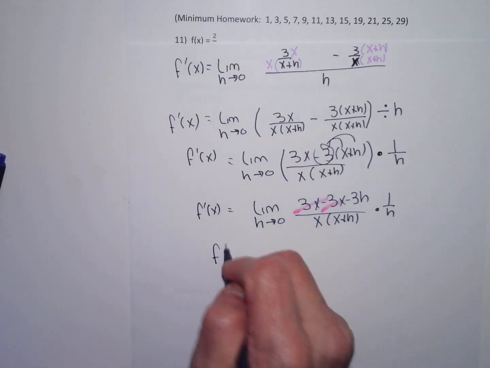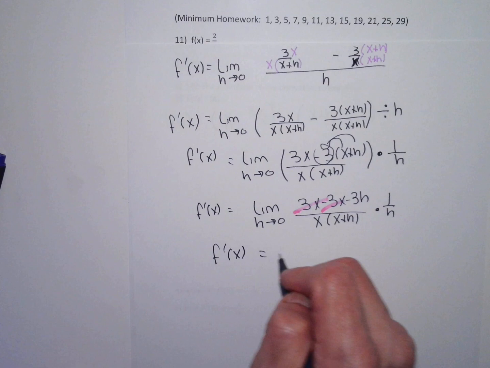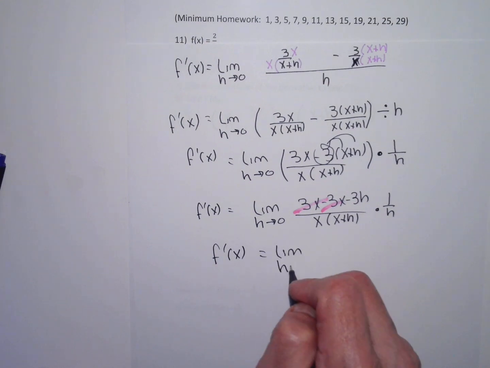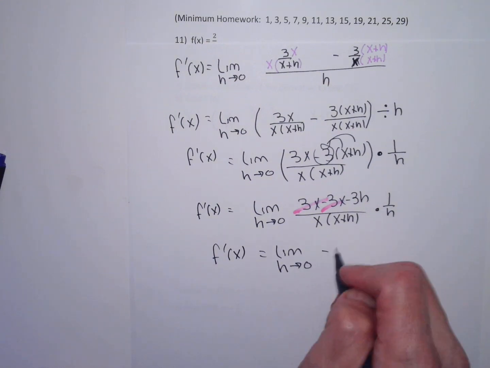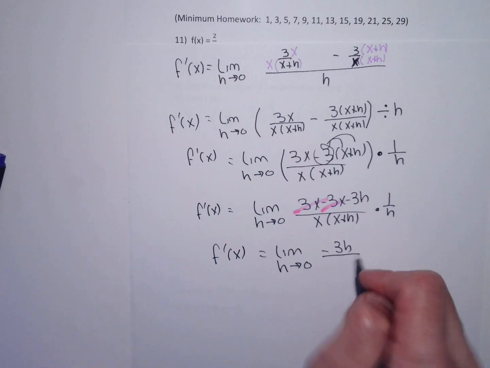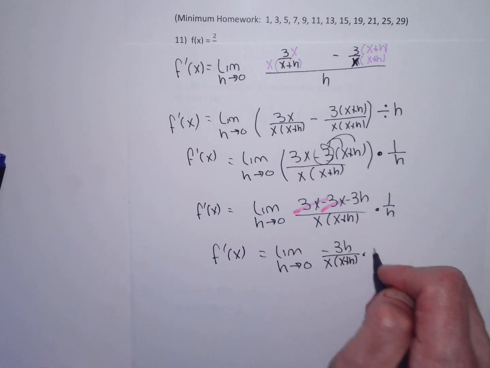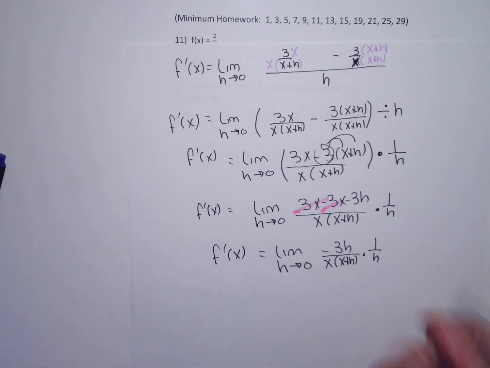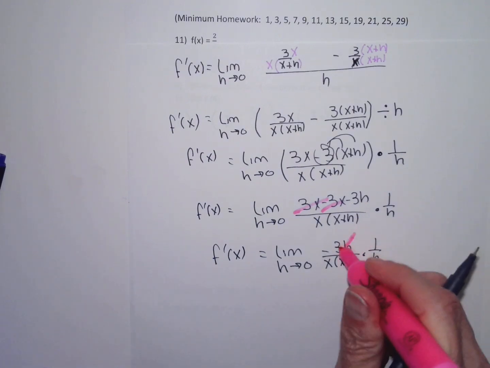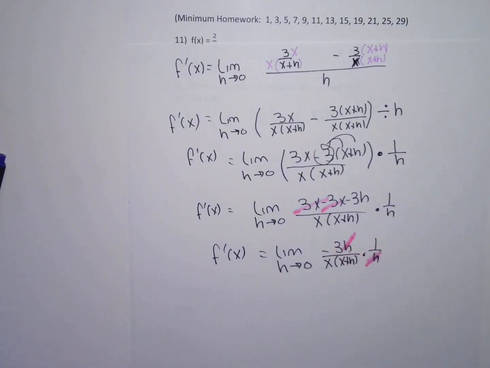And I'm left with f prime of x equals the limit as h goes to 0 of negative 3h over x times x plus h times 1 over h. This h and that h will cancel.